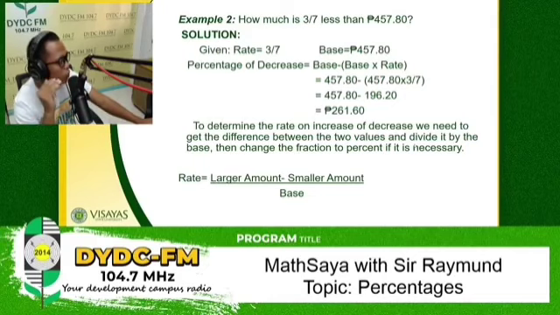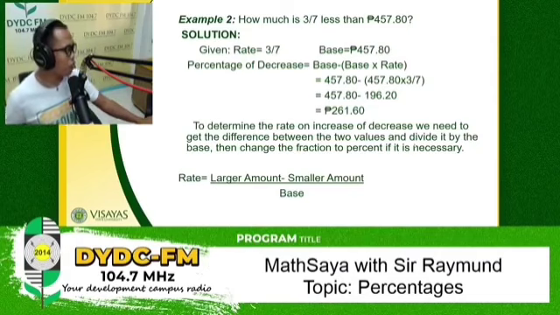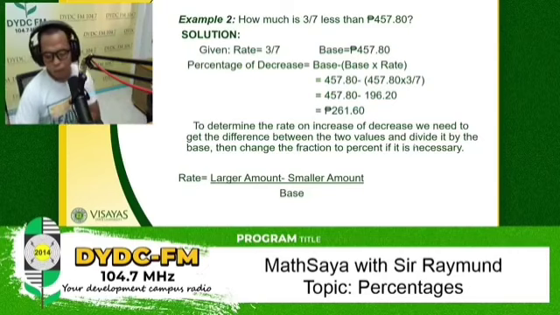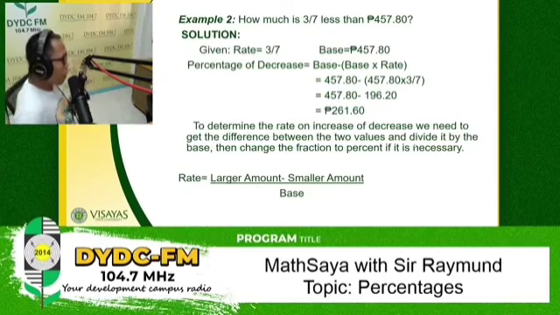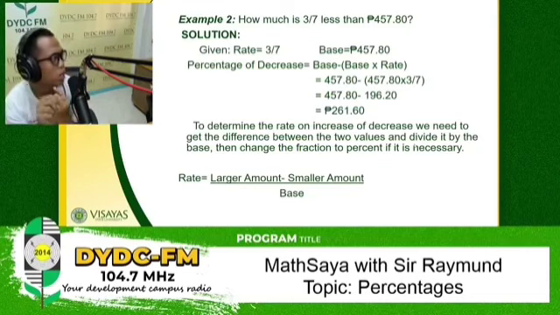So 457.8 minus the product. If we multiply, the product of 457.8 times 3/7 is 196.2. So the answer there is 457.8 minus 196.2, which is 261.6.